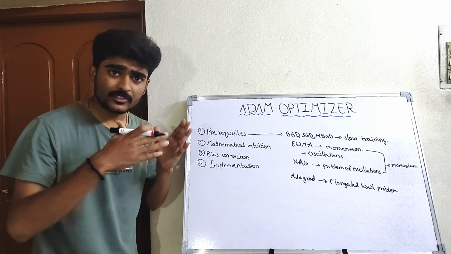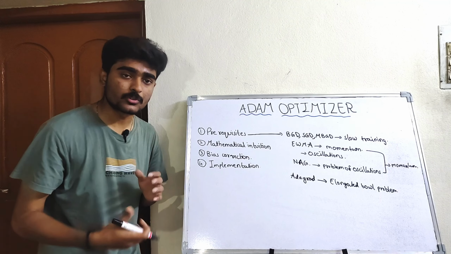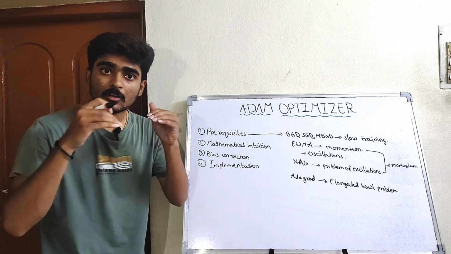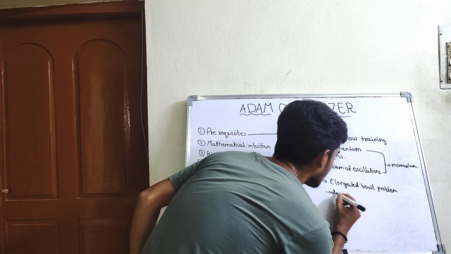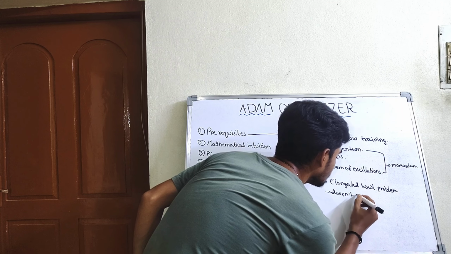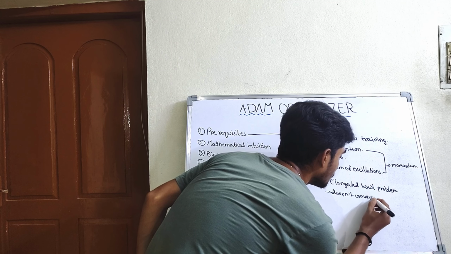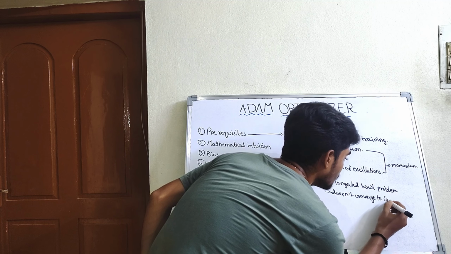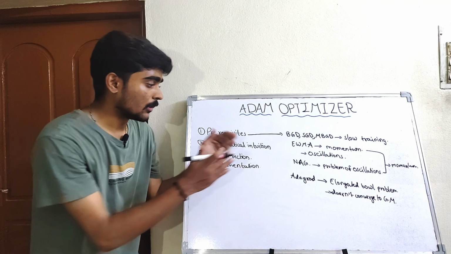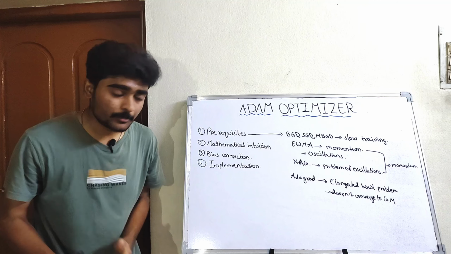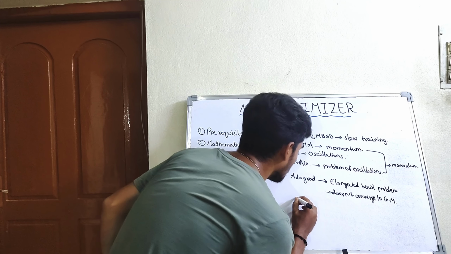No matter after how many epochs you train, it doesn't converge to the point of global minimum. To solve this problem, the next optimizer that came is RMSProp.